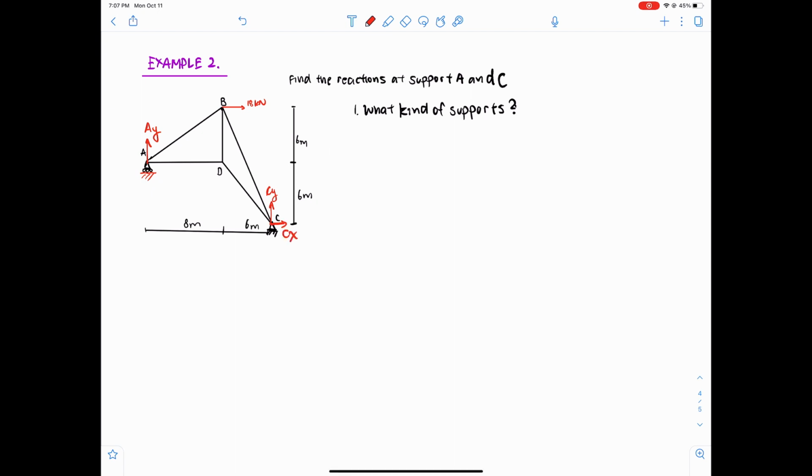So now that we have the support reactions listed, AY, CY, and CX, we can just begin to find the reactions. So here we go.